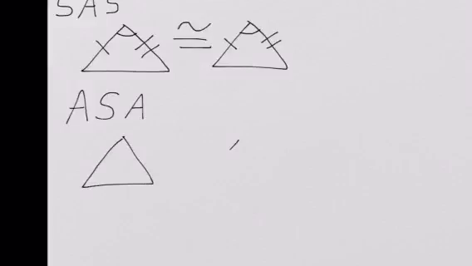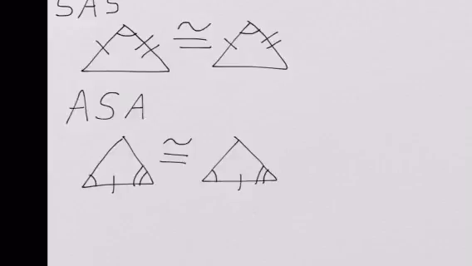So I'm going to draw two triangles here. And we have congruent angles in the lower left corner, congruent angles in the lower right corner, and the adjoining sides are congruent. That is also sufficient by axioms in Euclidean geometry to establish that we have congruent triangles.